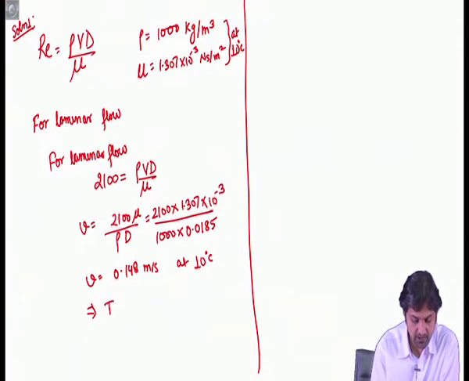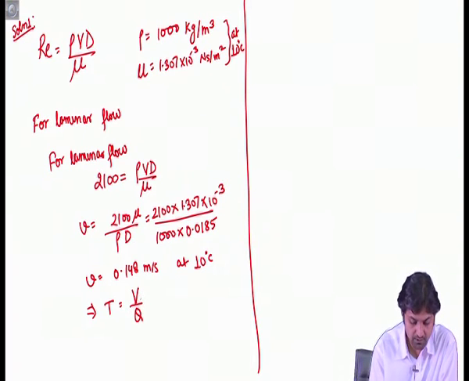Therefore, the time taken to fill is volume by Q, and the volume is 0.355 liter, which is 0.355 into 10 to the power minus 3 meter cube, and Q is area into velocity. What is the area?